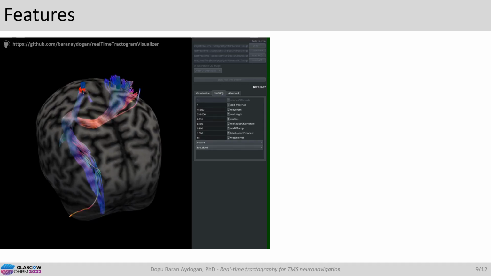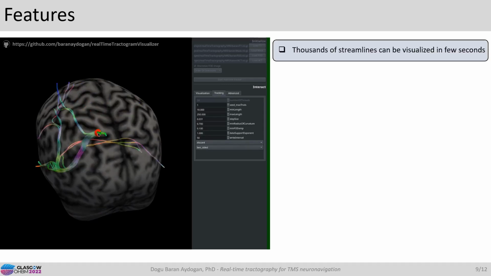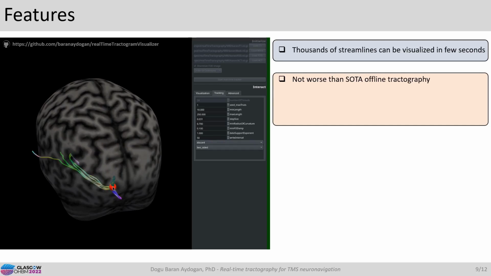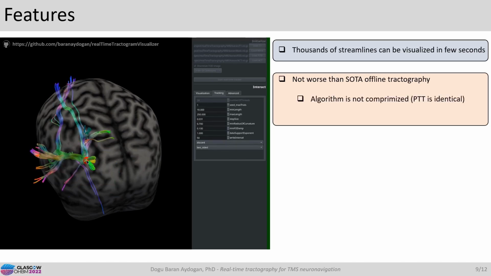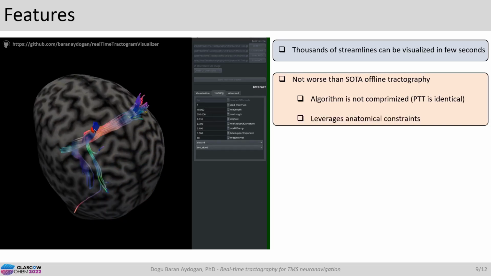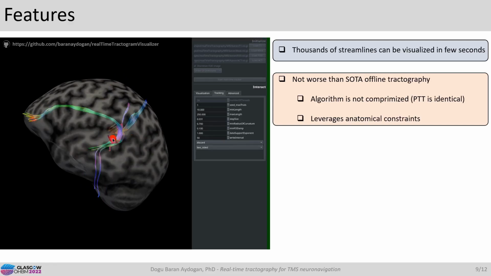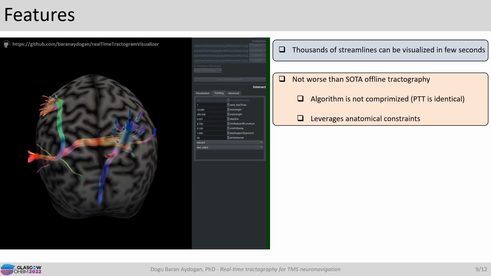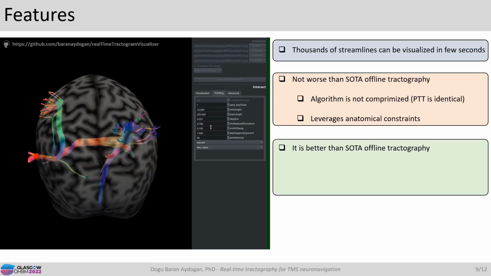With our setup, thousands of streamlines can be visualized in a few seconds. Importantly, the results are not worse than what one can obtain with state-of-the-art offline tractography, because the same FOD is used. The algorithm is also identical. Plus, we include all other state-of-the-art tractography practices, such as the use of anatomical constraints. Furthermore, it turns out that real-time tractography has some interesting advantages over its offline counterpart.